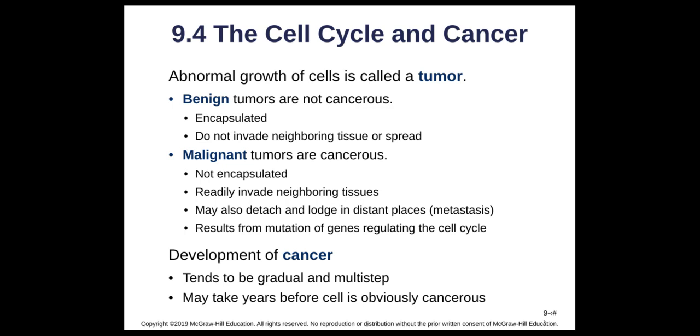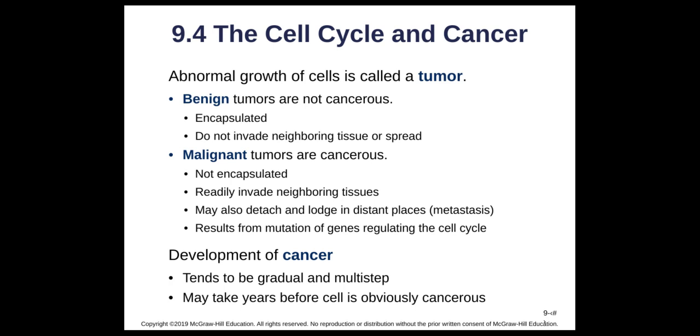They are not encapsulated. They will get into neighboring tissues. They can also detach and lodge in other places. That's metastasized, when it moves somewhere else and infects that place. And this is usually a result from mutations in the genes that regulate the cell cycle.